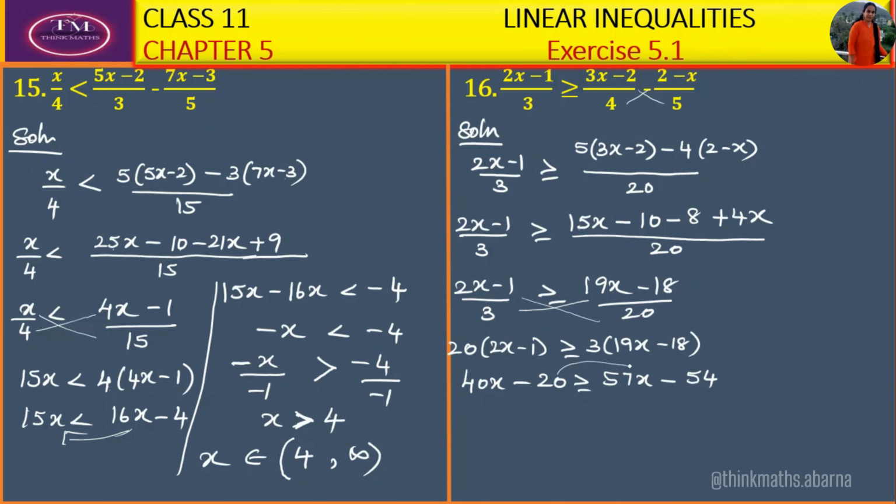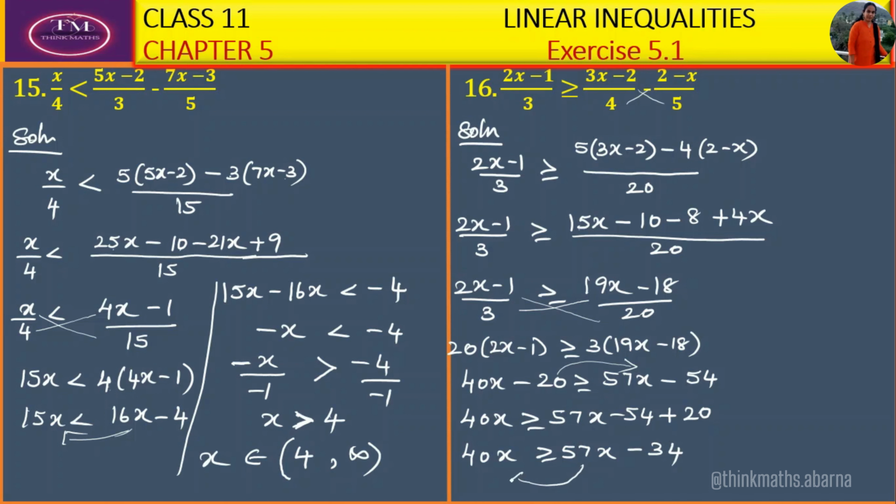Now remove this constant. Take this minus 20 to the right side. So 40x greater than or equal to 57x minus 54, minus 20 will become plus 20, so 57x minus 54 plus 20 is minus 34.